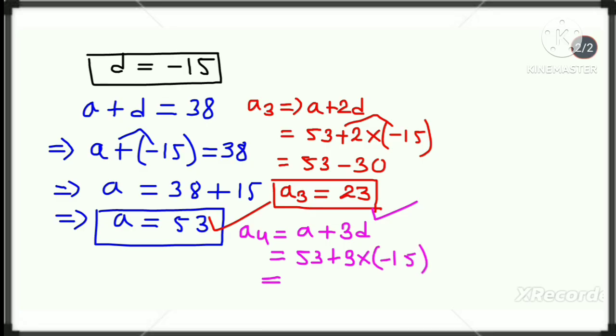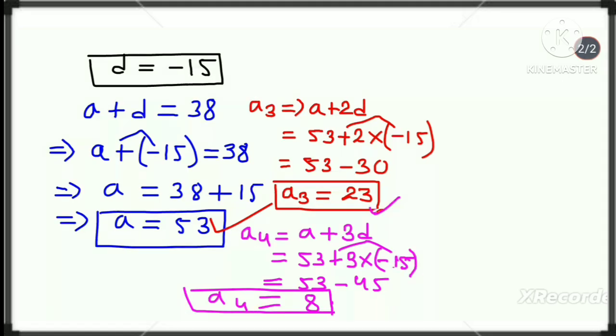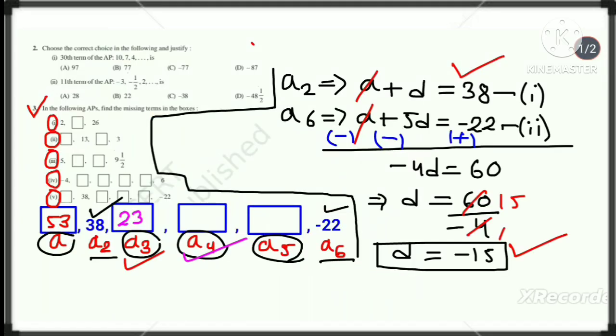Now 53, and here plus into minus is minus, 15 3s are 45, and after subtracting we obtain A4 equal to 8. A4 equal to, we have obtained 8.